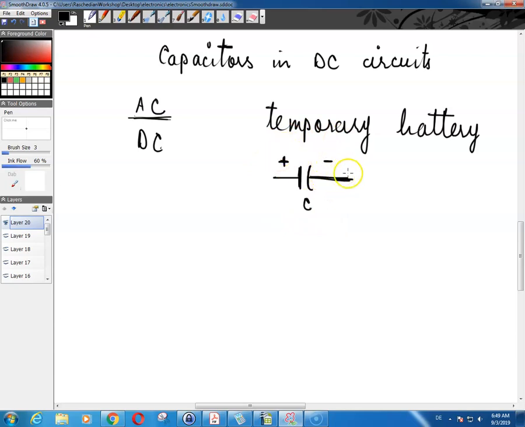Then you can connect this capacitor to some load, for example to some resistor, and although for a very short time, depending on the value of the capacitance of the capacitor, it will act as a battery temporarily in the circuit.